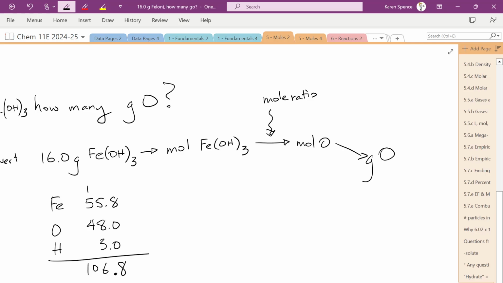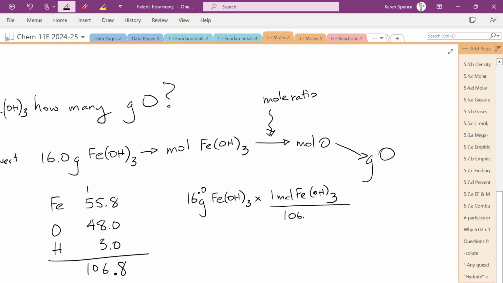So we can say we have 16.0 grams of FeOH3 times 1 mole of FeOH3 per 106.8 grams.